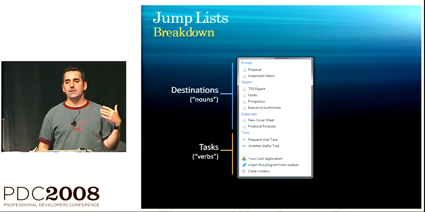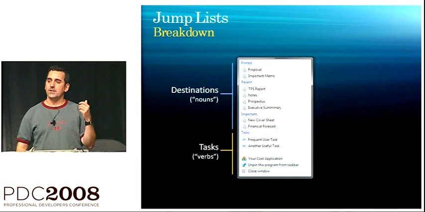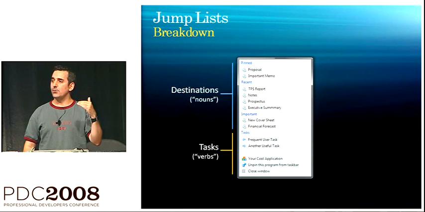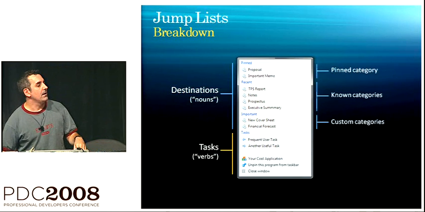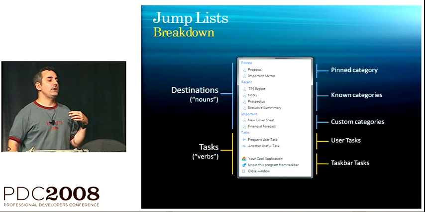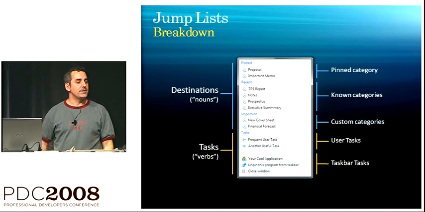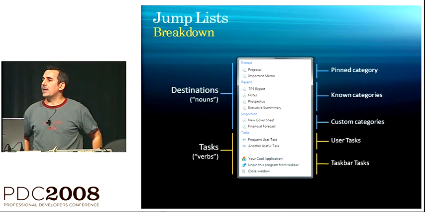Now, items in the destination list all belong to a particular category. So the jump list is really just a sequence of categories, each of them having items in them. If we start at the bottom on the right-hand side of this diagram, we start with what we call the taskbar task category.